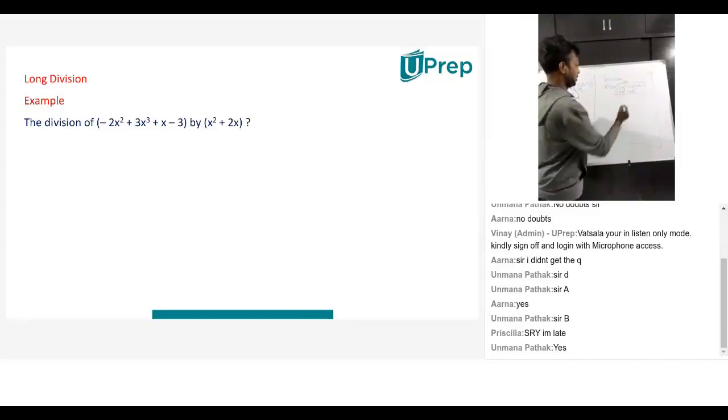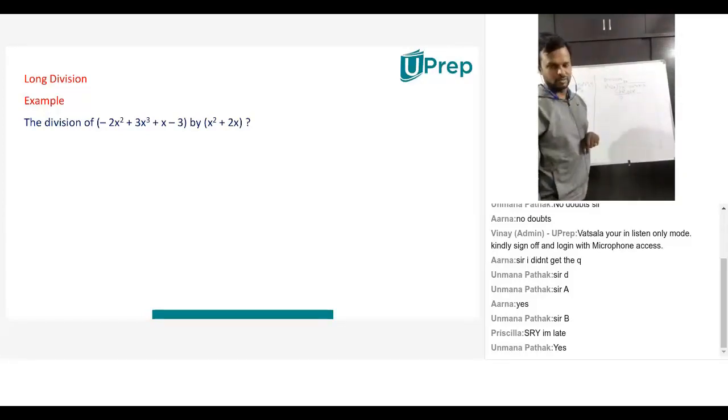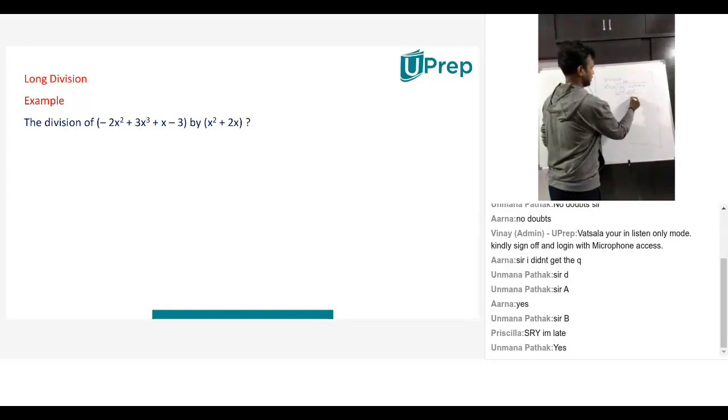So I get a minus sign here. In place of plus I write a minus here because I'm subtracting. So when I subtract, 3x cube and 3x cube become 0. And then I have minus 2x square and minus 6x square, which will become minus 8x square.